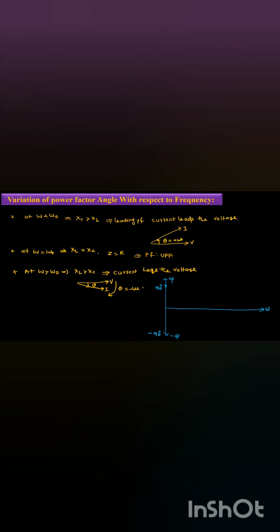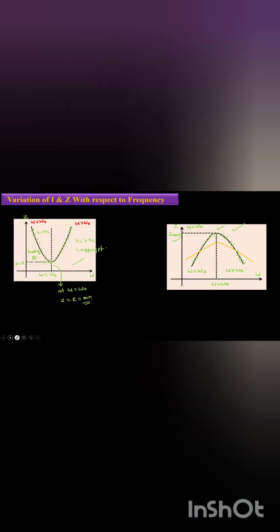For omega less than omega naught, what about theta? Theta is positive. Then you get the characteristic like this. For omega less than omega naught, phi is positive.